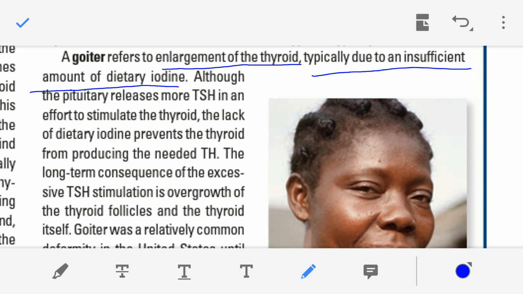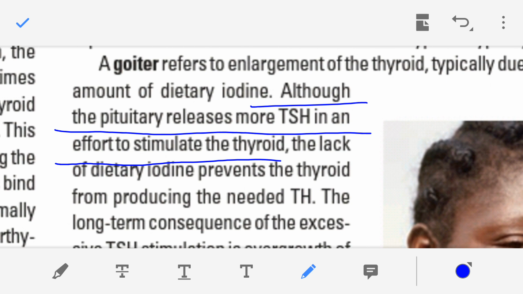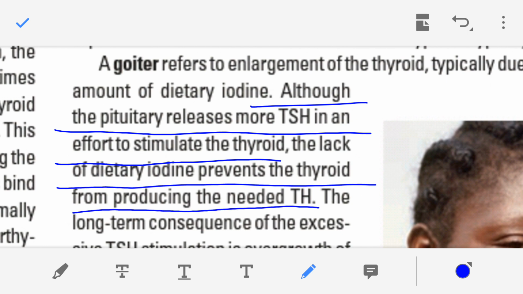Although the pituitary releases more TSH in an effort to stimulate the thyroid, the lack of dietary iodine prevents the thyroid from producing the needed TH.